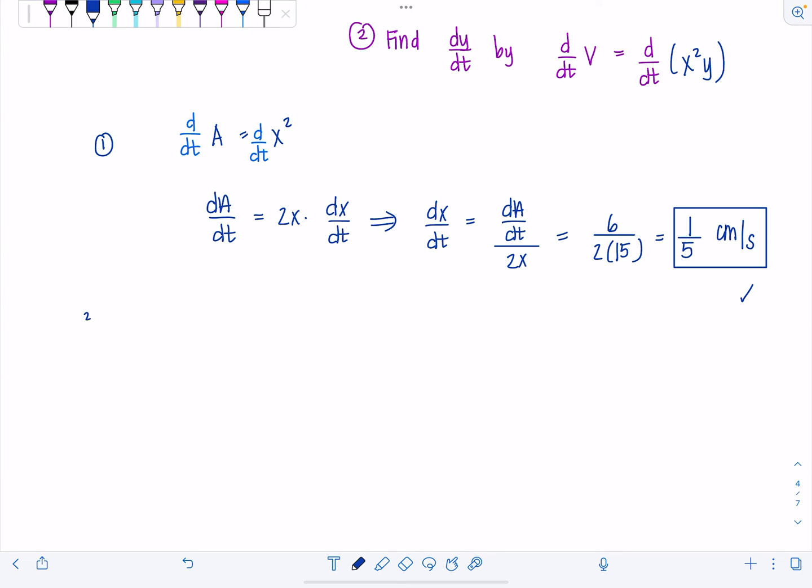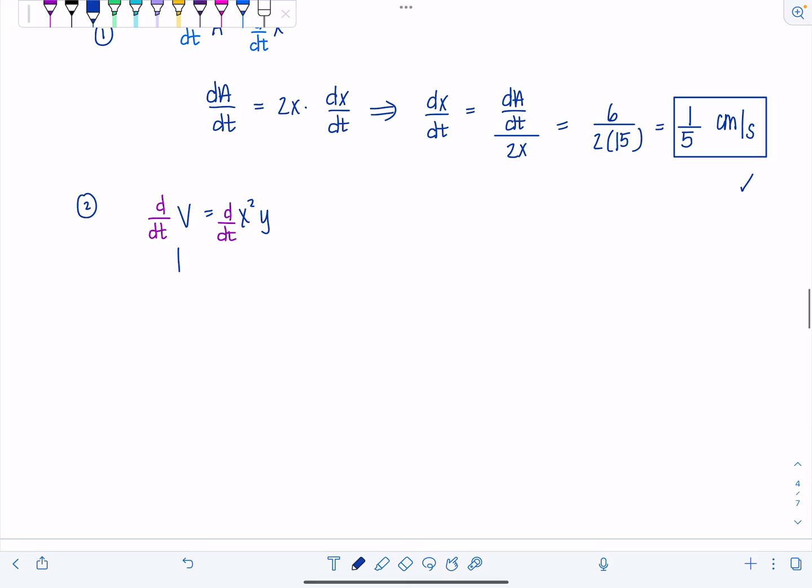I'm going to take the derivative of the volume. So volume equals x squared times y, differentiating both sides with respect to time. Let's see what we get. On the left-hand side, we're going to have dV/dt equals. To differentiate x squared times y, we have to use the product rule.